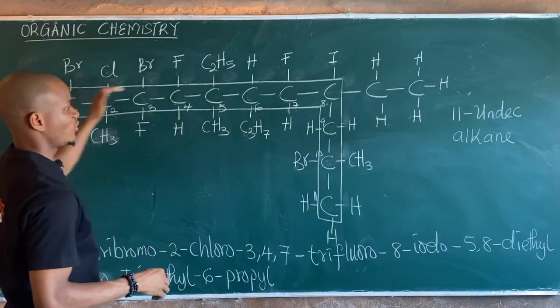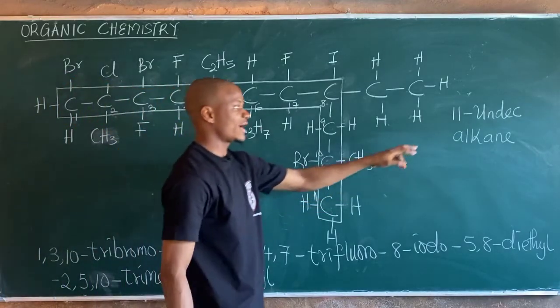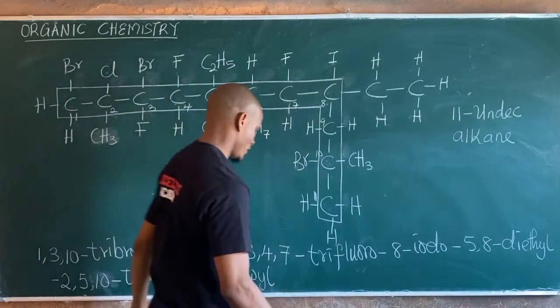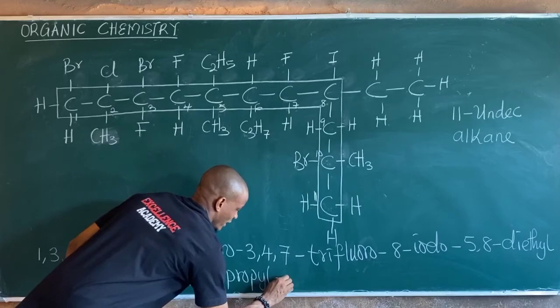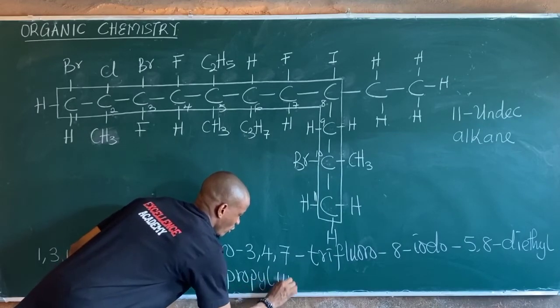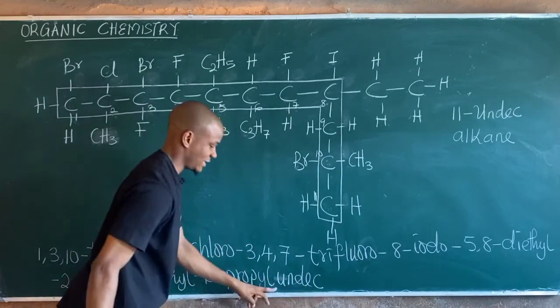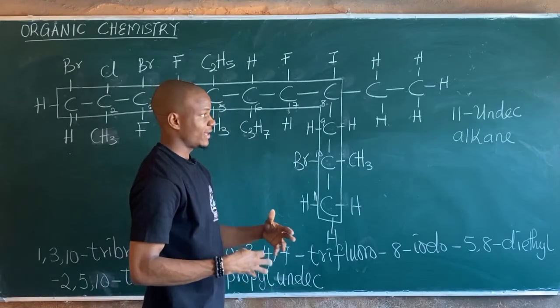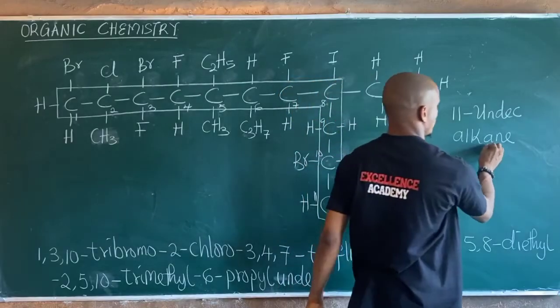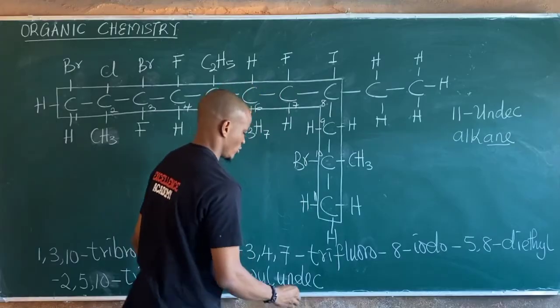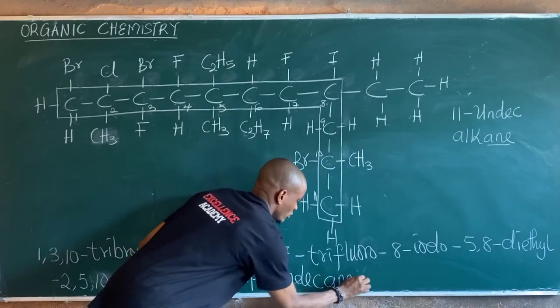I'll now take my longest continuous carbon chain. We counted 11, which is undec. That's 11 carbon atoms joined together, and from the functional group, it was a single bond, that's an alkane. It becomes undecane.